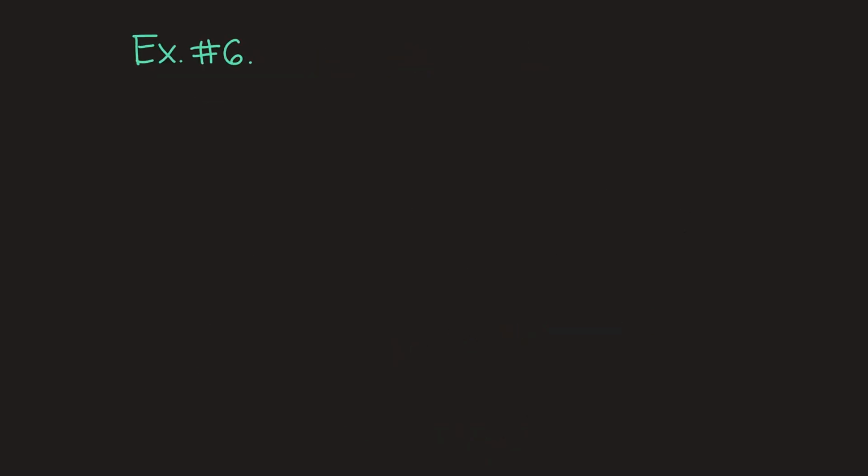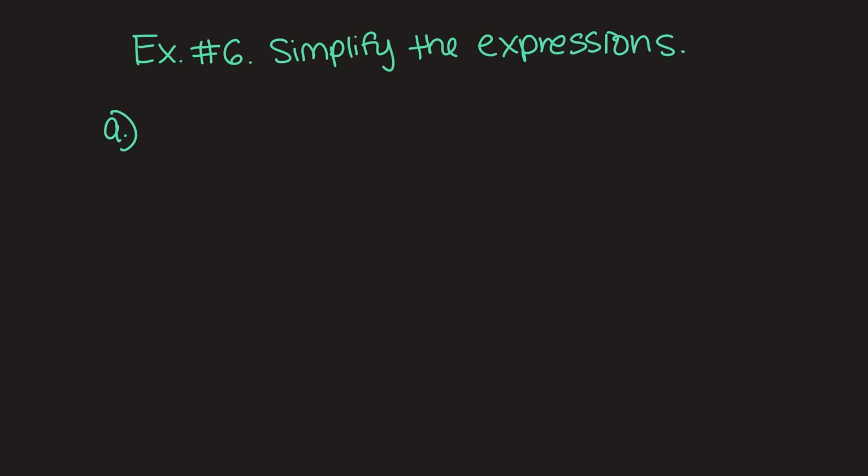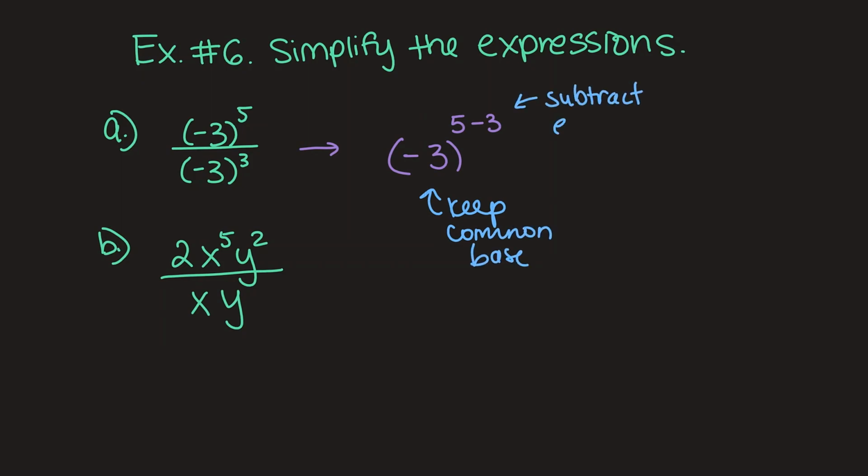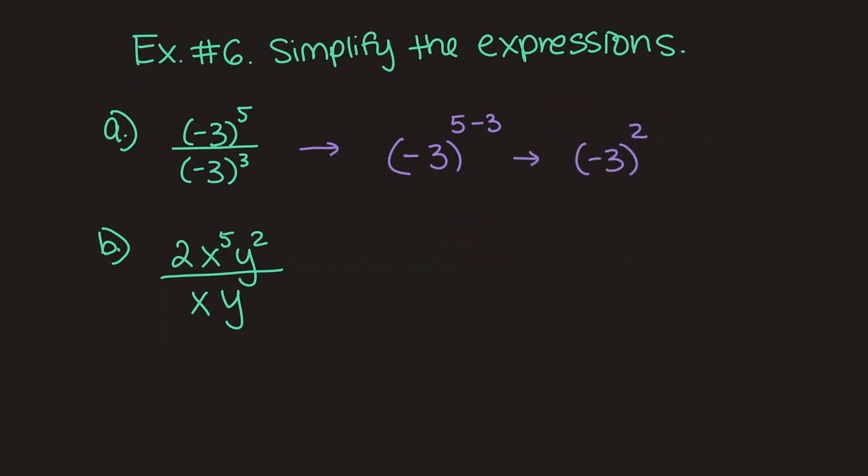Okay, so for example 6, let's try to simplify the following expressions. Since we have the same base and this entire expression is a quotient, we can use the quotient rule to simplify this. We keep the common base -3 and subtract the exponents. This becomes -3 squared, which evaluates to +9.